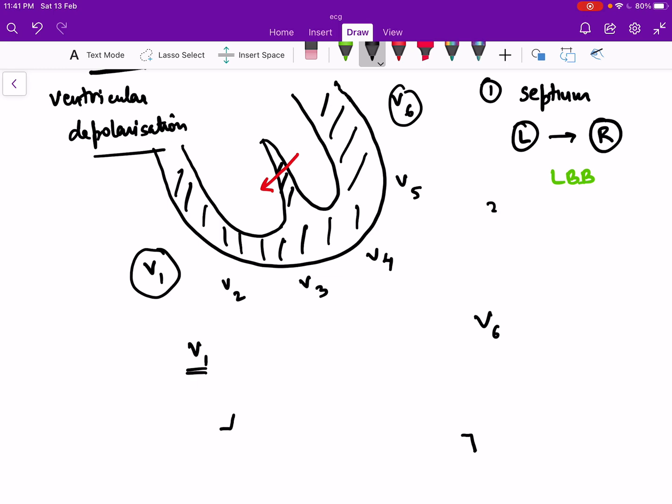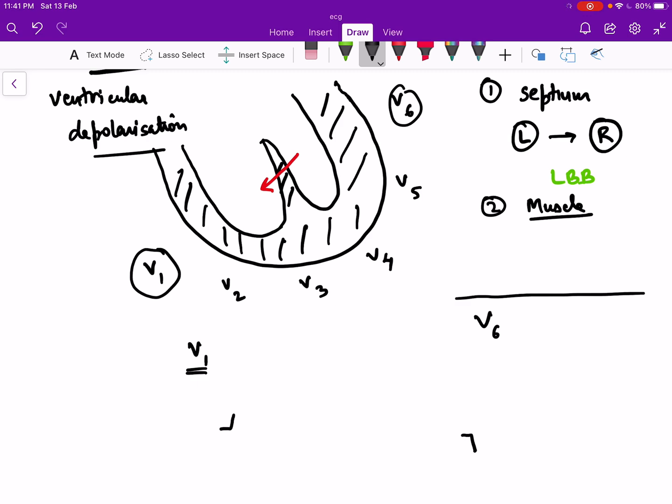The next step in depolarization is the depolarization of the ventricular muscle. The right ventricle is depolarized by the right bundle branch, and the left ventricular muscle is depolarized by the left bundle branch.